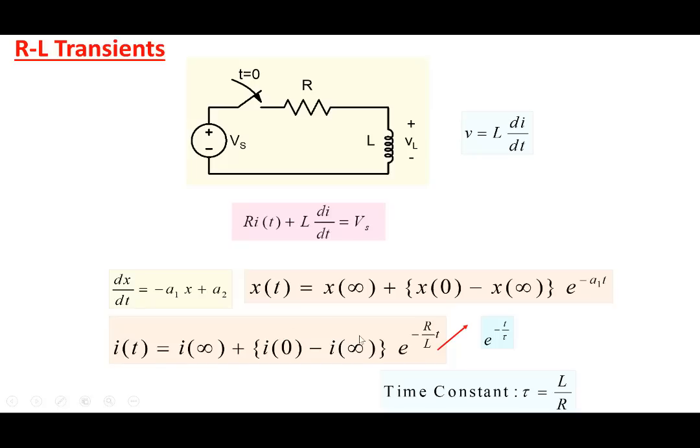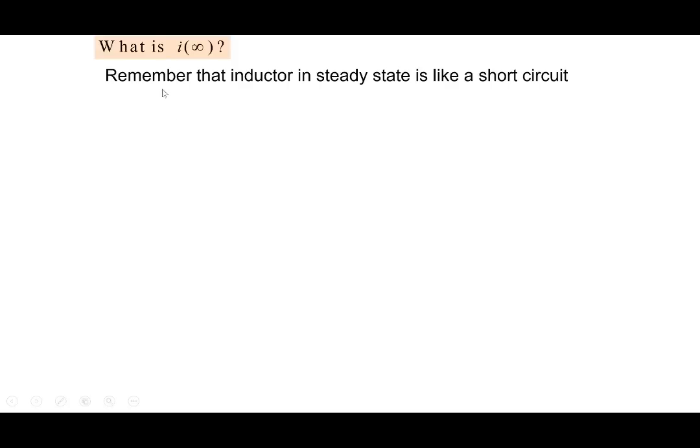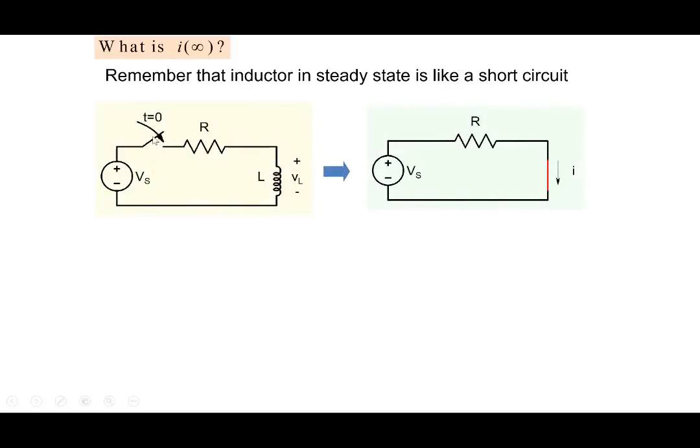Okay, so let's find out what is I infinity and I0. What is I infinity? Remember that an inductor in steady state is like a short circuit. We have this switch closed for a very long time, so the currents have settled down and are not changing with time.